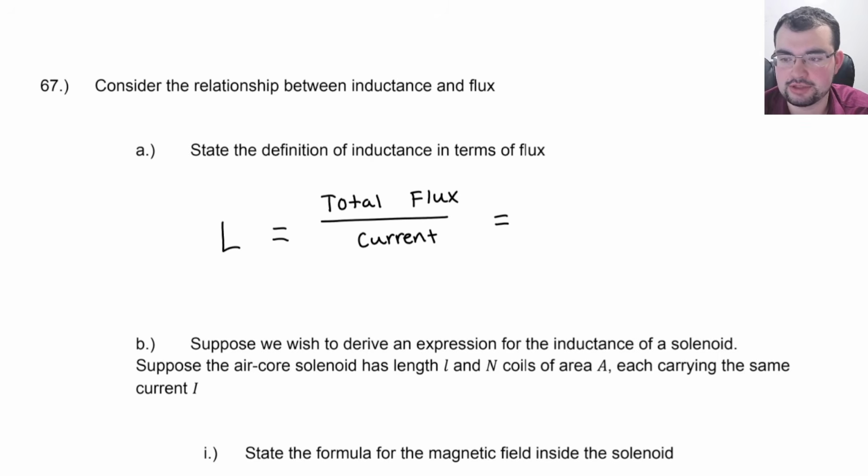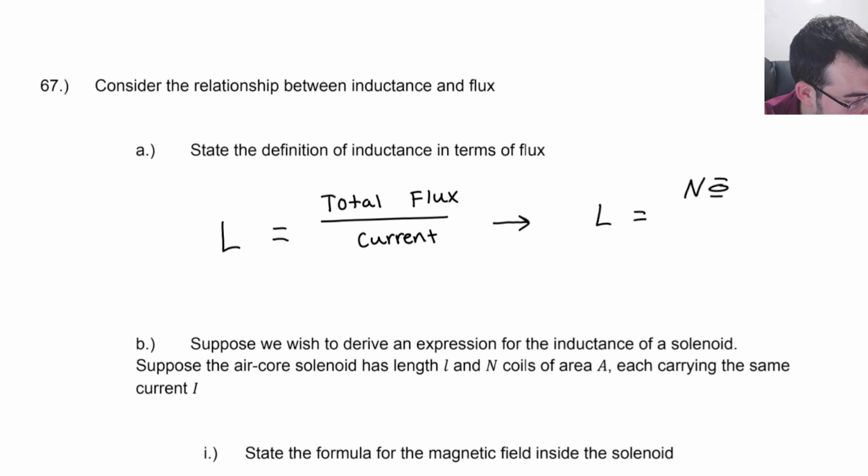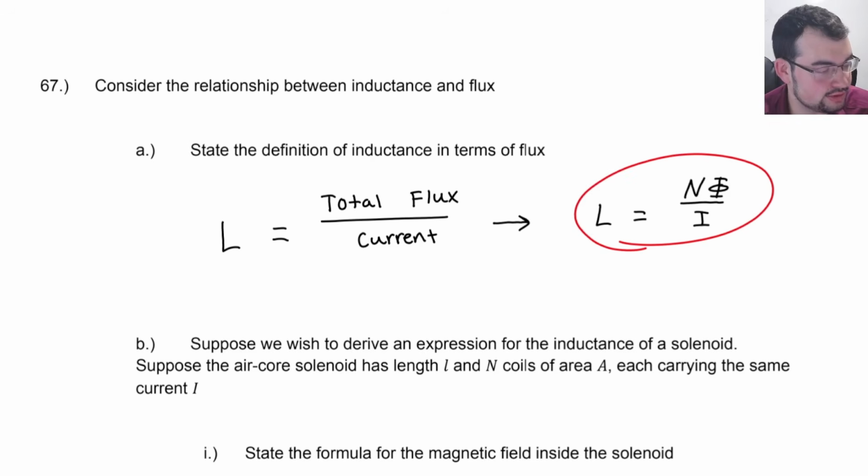But not all coils are created equal. So this sort of determines how tightly packed your B field can be inside of the coils. So we also have this relationship that inductance can be defined as capital N times the flux through one coil divided by the current I, where capital N is the number of total coils you have.